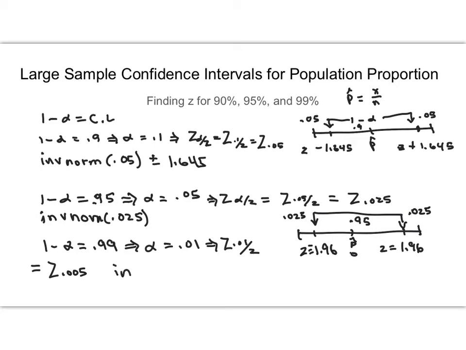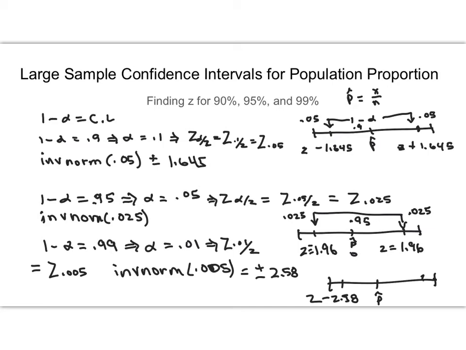To find that, inverse norm of 0.005 gives me plus or minus 2.58. Again, p hat would be in the middle. Z equal to negative 2.58 would be my lower bound, and z equal to positive 2.58 is the z value that goes in my upper boundary.